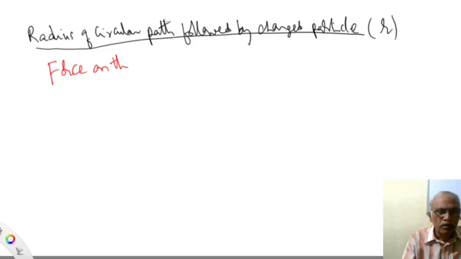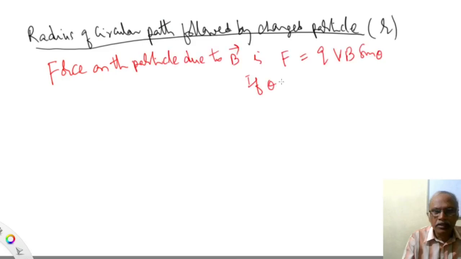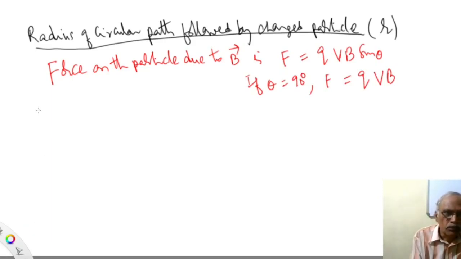If theta is 90 degrees, then it follows a circular path. Then F equals QVB sin 90, and sin 90 is 1. So the force on the particle is QVB.